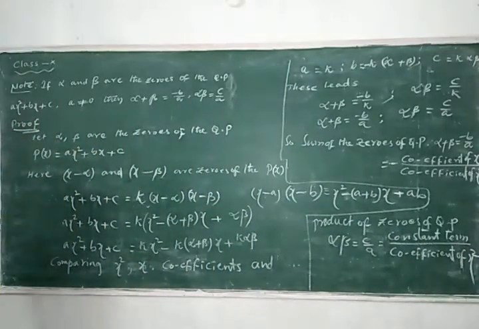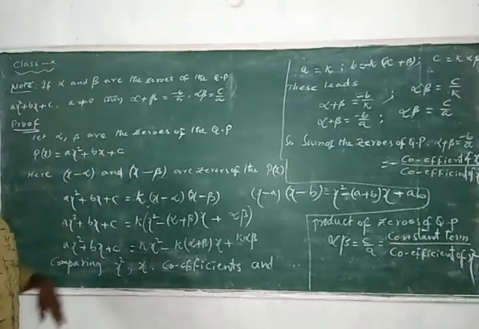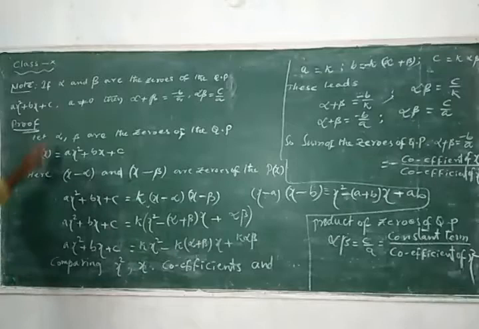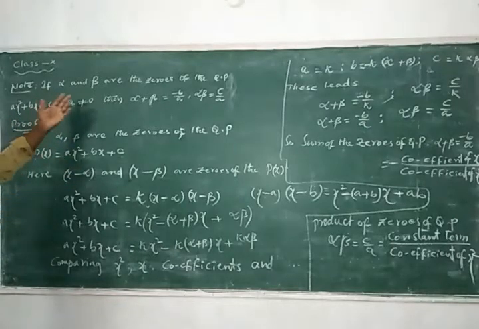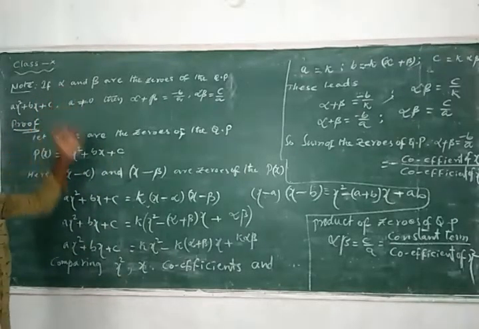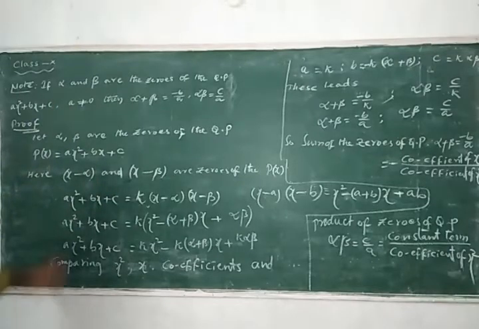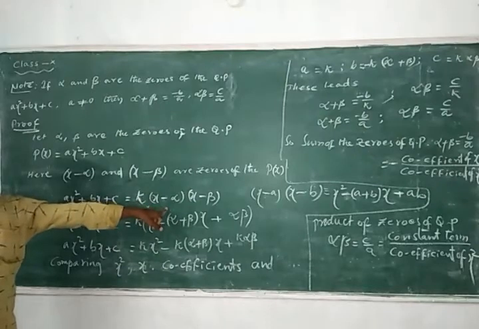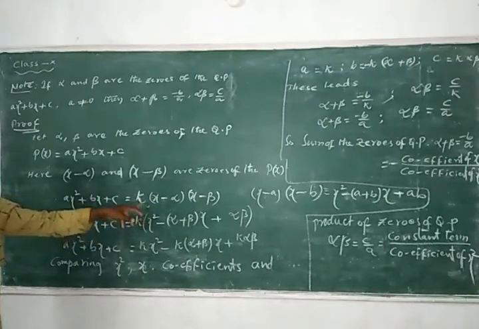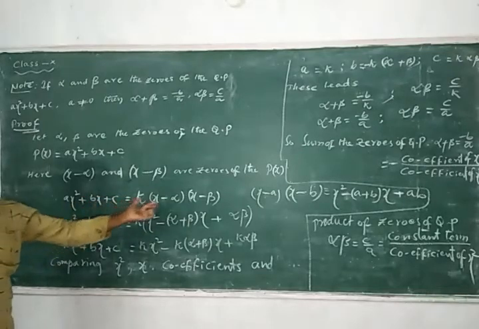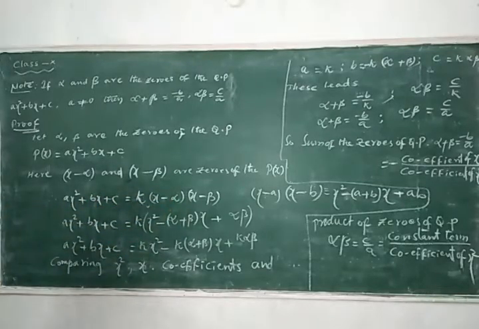Alpha, beta are the zeros of the quadratic polynomial. Here we can take the given quadratic polynomial p of x is equal to x square plus bx plus c, and take the factors x minus alpha, x minus beta. Here positive is there, here we take negative for the zeros of p of x. Now x square plus bx plus c is equal to k into these factors. K means constant.